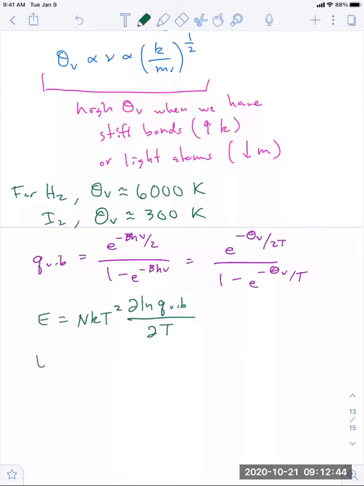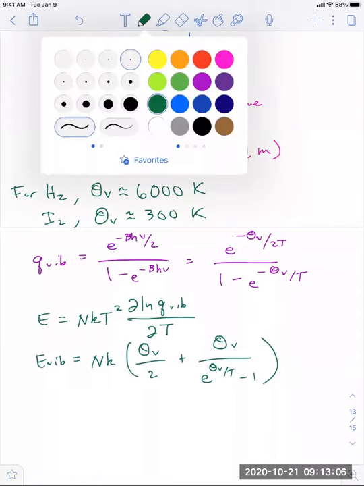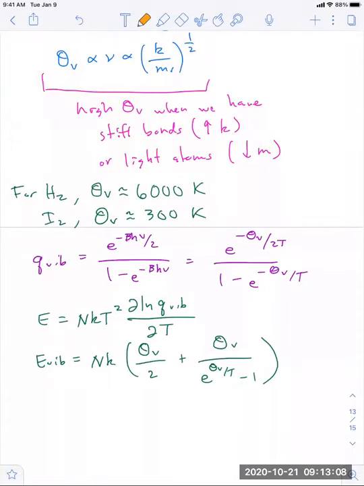Skipping some of the math details, we get that our vibrational contribution to the energy is Nk times our vibrational temperature over 2 plus the vibrational temperature over this exponential. And you can just take my word for it that if we're at low T, this term goes to 0.